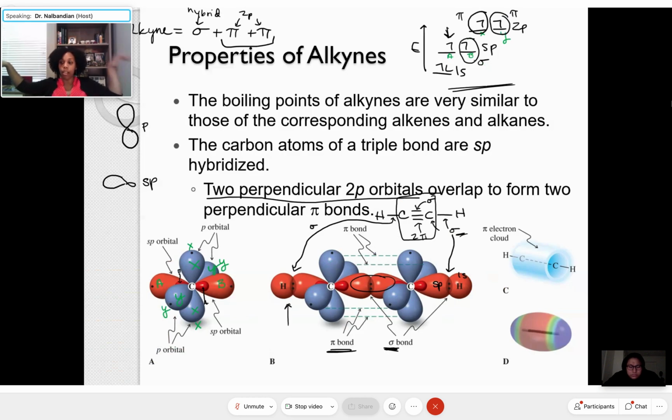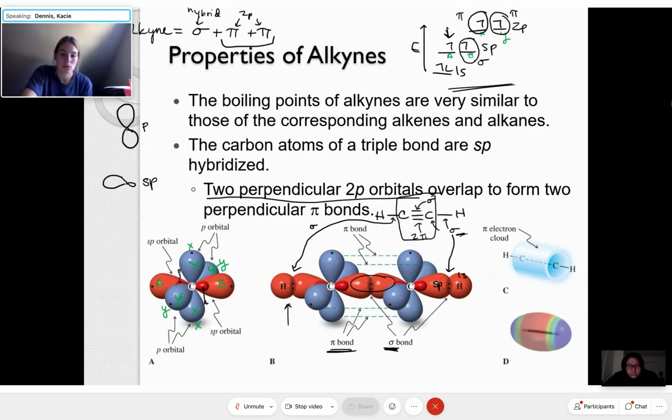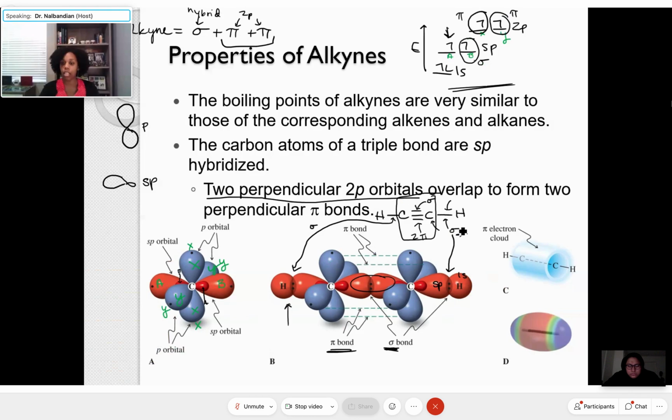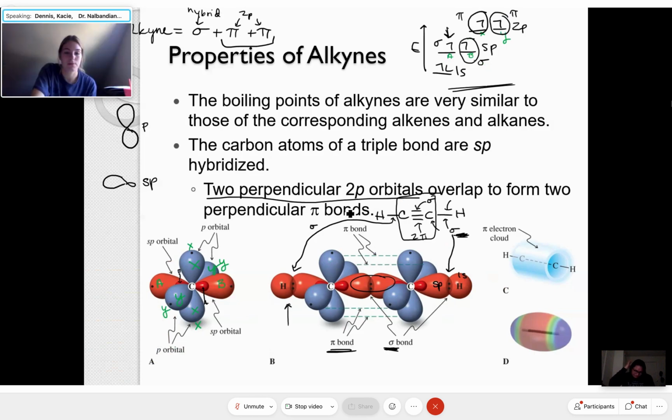With that sigma, we add in two more pi bonds, and now we've made a triple bond. To make the alkyne, we have a sigma plus pi plus pi. But all single bonds are sigma bonds, so we use this one to make another sigma bond in the other direction. Okay, thank you.